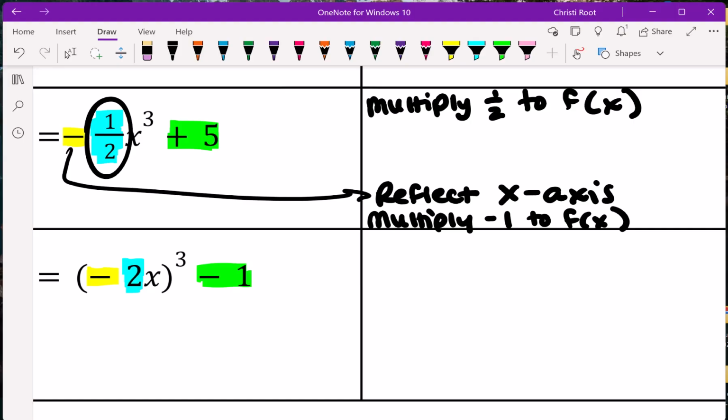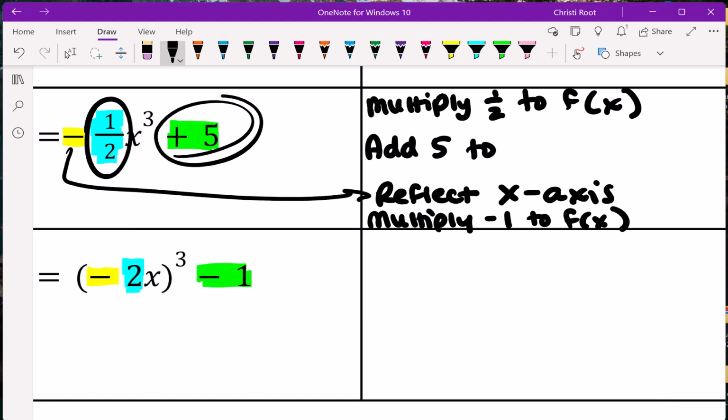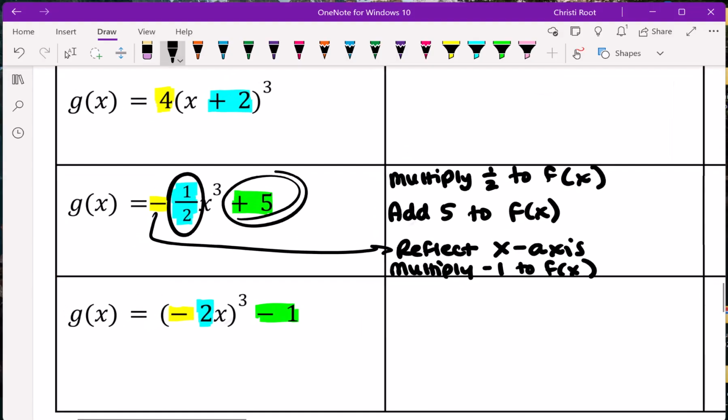Okay, and then the last one right here, this +5. So I'm adding 5 to, is it to the x or is it to the function? It's to the function, yes. Okay, go ahead and we're going to stop the video for a second. I want you to fill out this one and this one. Just write down what is going on.